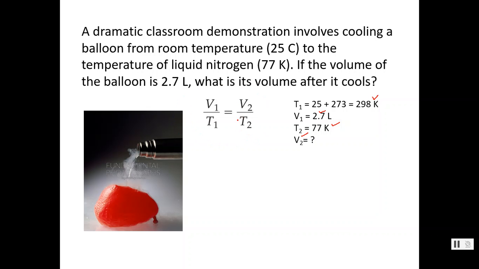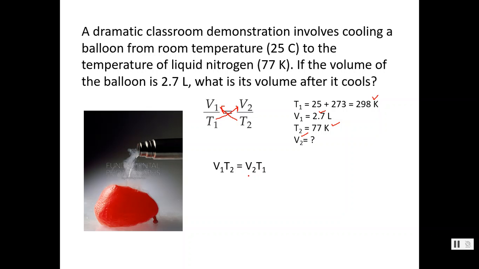So what I recommend doing is to get V2 by itself, because that's the variable that we're solving for. I would cross multiply so I can get those variables out of the denominator. So when cross multiplying, I get V1 times T2 is equal to V2 times T1.